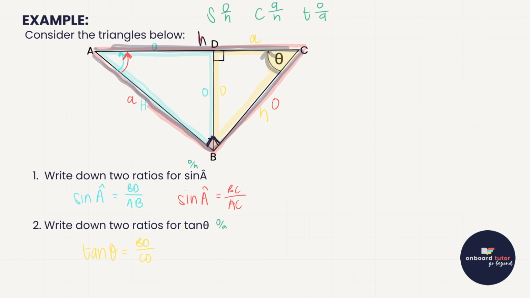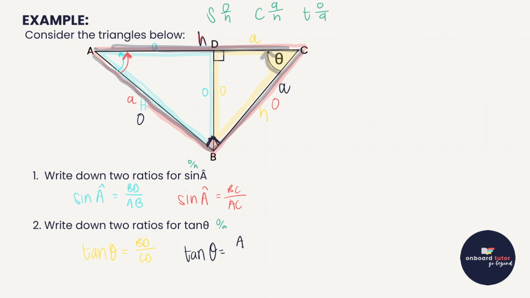The side that is now touching angle theta is going to be the one right next to it. And then finally, that leaves an opposite side. So we've got tan theta is opposite over adjacent. The opposite is this one here, AB, and the adjacent is this one here, BC.